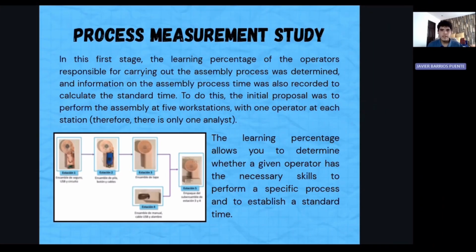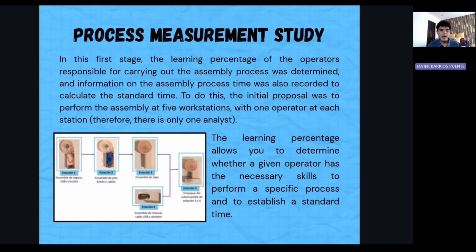Continuing with the process measurement study, in this first stage, the learning percentage of the operators responsible for carrying out the assembly process was determined, and information on the assembly process time was also recorded to calculate the standard time. To do this, the initial proposal was to perform the assembly at 5 workstations with 1 operator at each station.